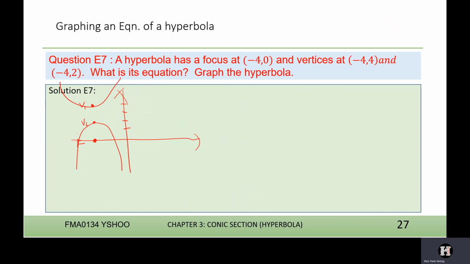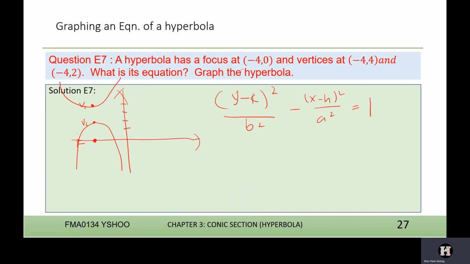Once you know it is an up down, vertical hyperbola, what is the standard formula for our up down hyperbola? The y comes first: y minus k square over b square minus x minus h square over a square equals 1. So this is the first thing you know.